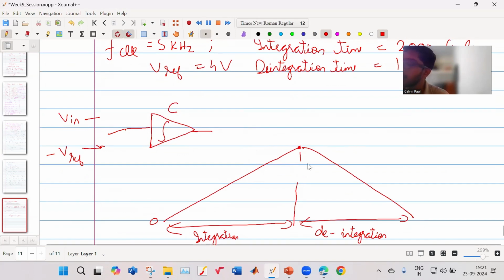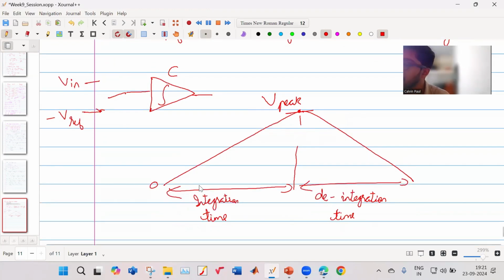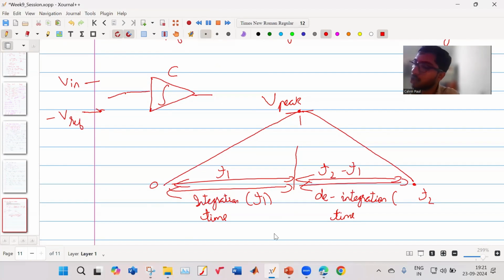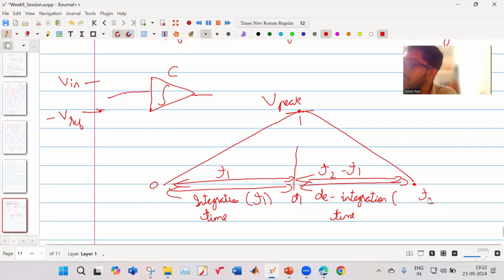It reaches the maximum, that is V peak. Let us say this is some time which we have considered T1, and this is T2. So this actually is T2 minus T1, because I'm counting it from 0, this is your time T1, this is your time T2. So this time is actually T2 minus T1.